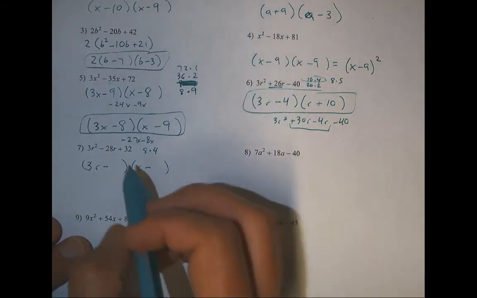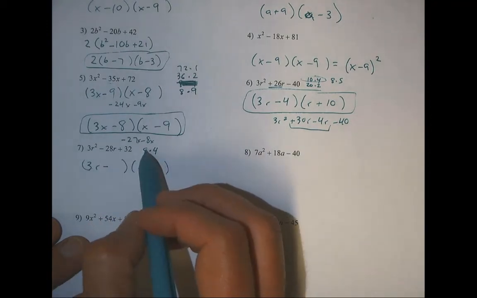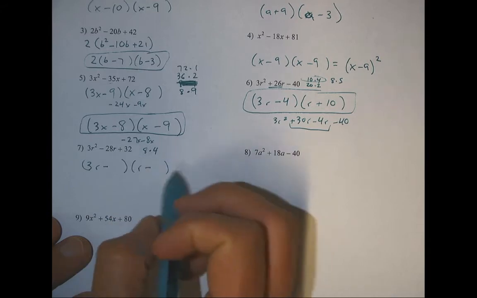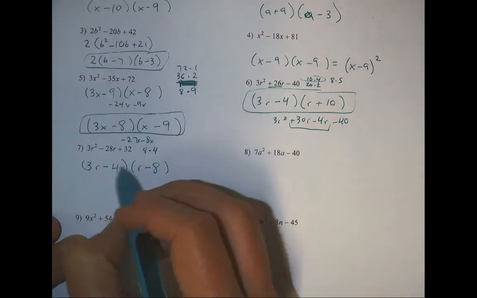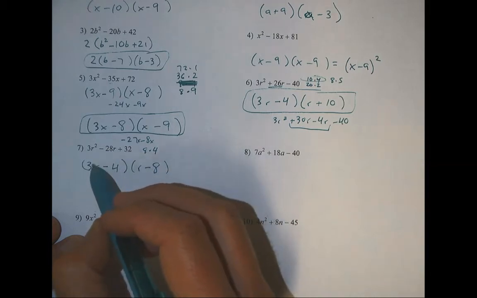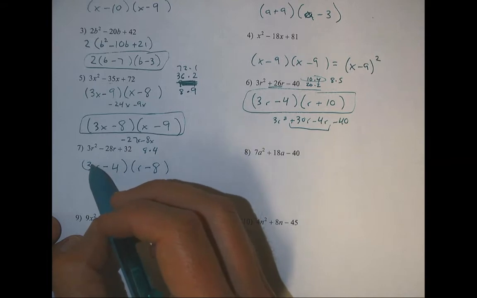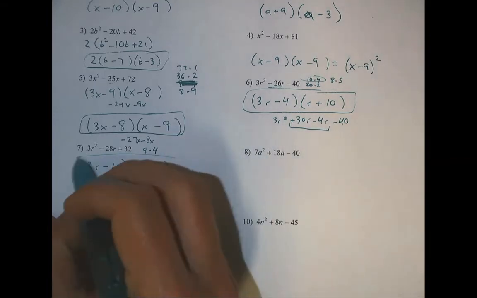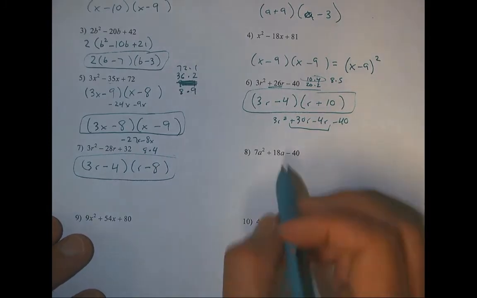So I'm going to start with that and see if it works. If I do 8 times 3, I'll be at 24, and if I add 4, I can get to 28, so that's perfect. I'm going to put the 8 here and the 4 here, so they will multiply to a positive 32, but that makes sure that I'm multiplying the 8 by 3 and not the 4 by 3. So the 8 will get me to negative 24, and then the negative 4r will get me the rest of the way.